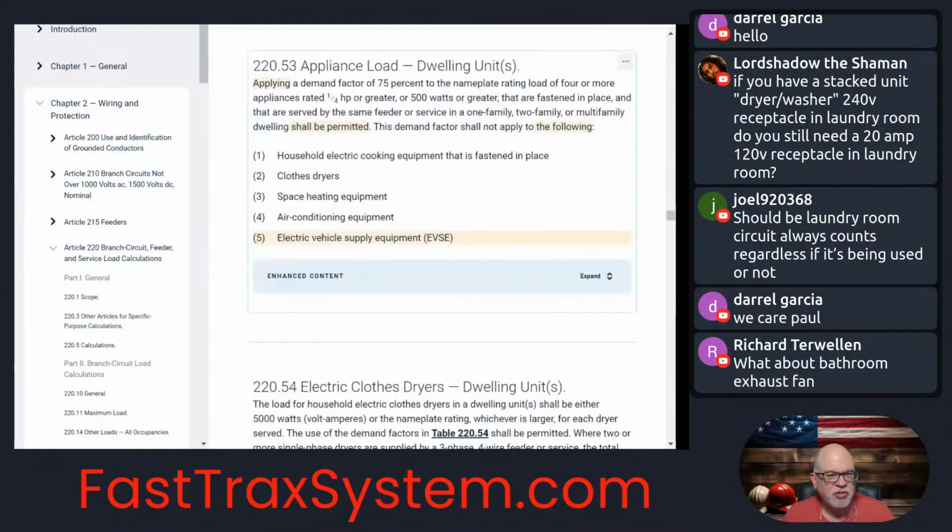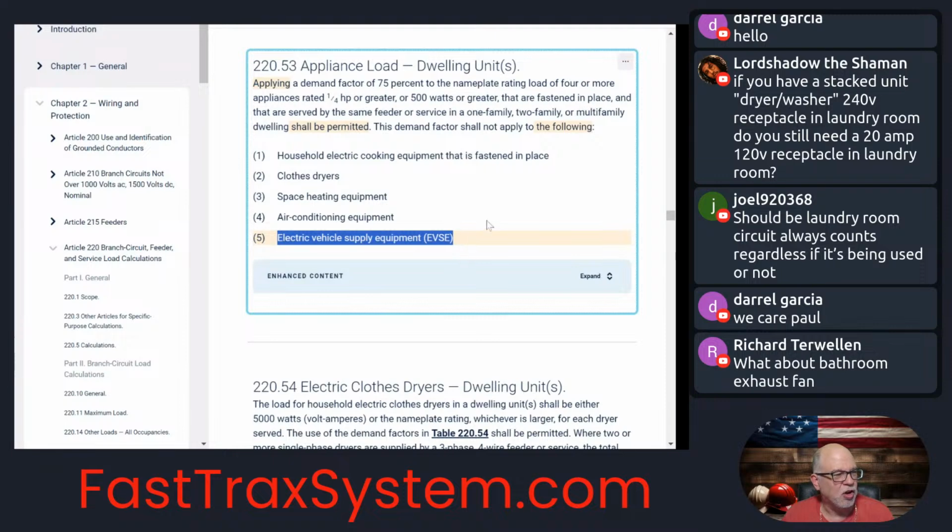So here's the appliance section, and you see in the 2023 that it no longer applies to the following. So again, the EV chargers cannot be in this mix. But here's the deal. That 75% demand when you have 4 or more is going to be based on this. It says 4 or more appliances rated a 1/4 horsepower or greater, or 500 watts or greater.